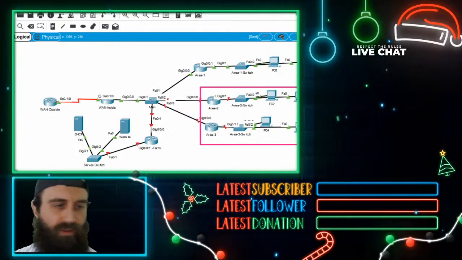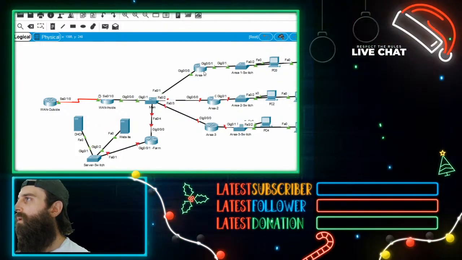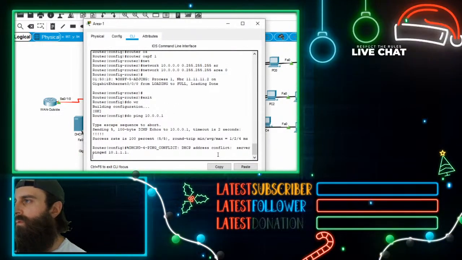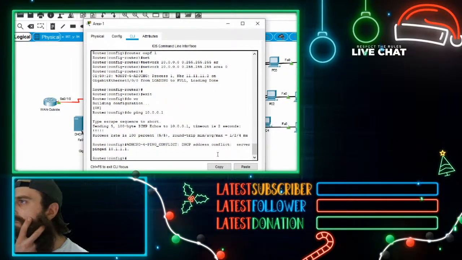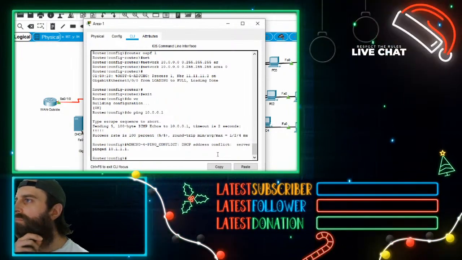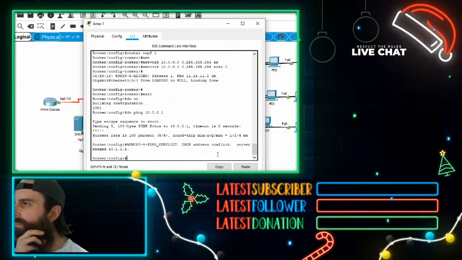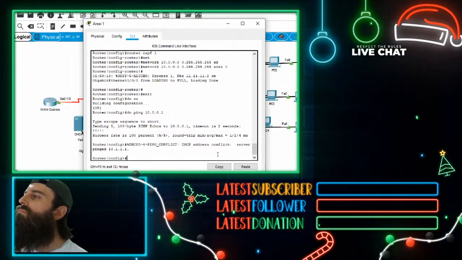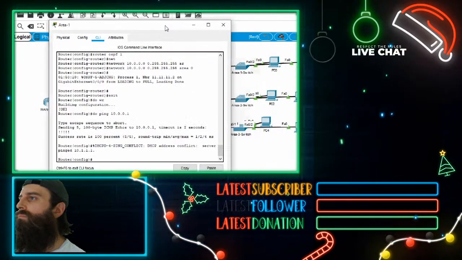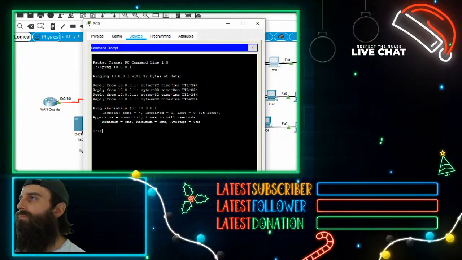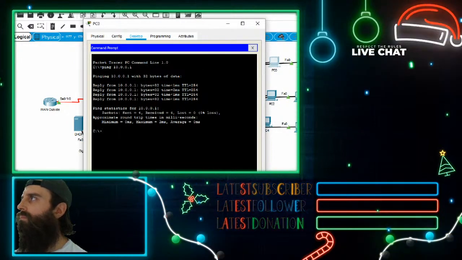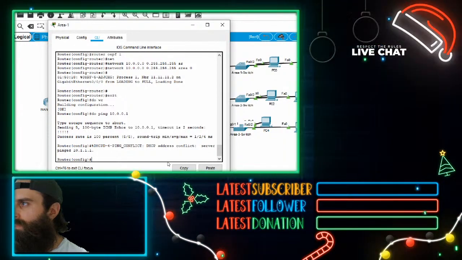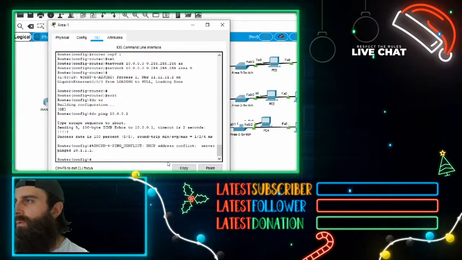That's what we'll configure. DHCP address 10.1.1.1.